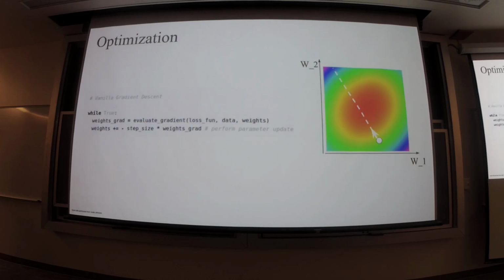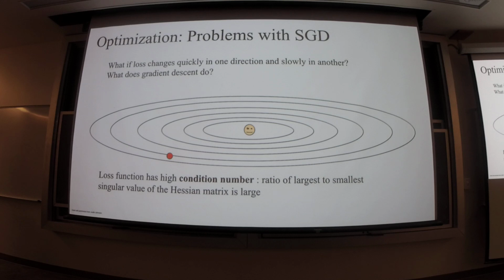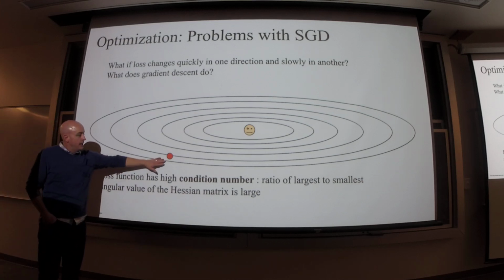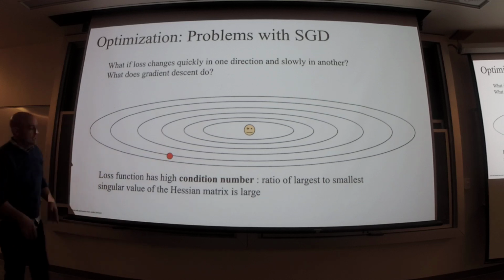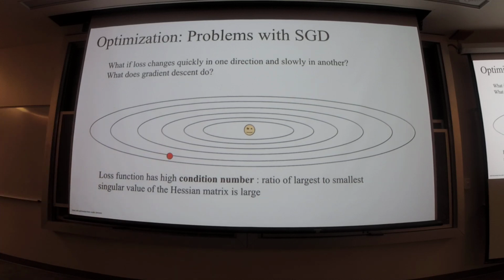We talked about stochastic gradient descent, where it's plain vanilla gradient descent, but you do it with batches. So, problems with stochastic gradient descent. There could be problems if your loss function, at whatever point you're on in space, has a high condition number, which if you've done some numerical analysis, you know becomes really numerically unstable.